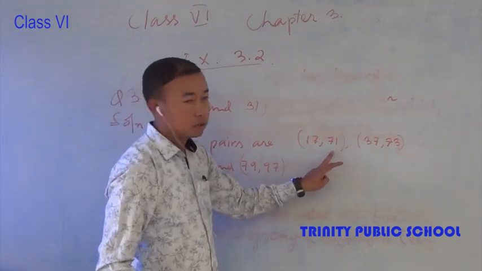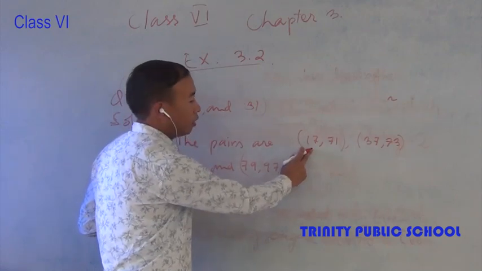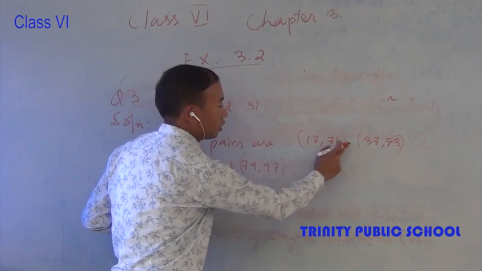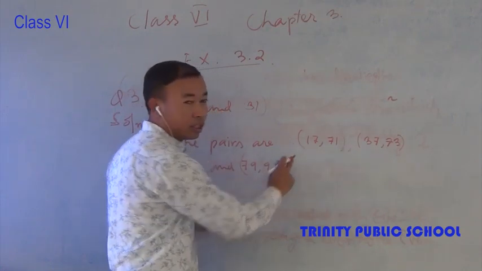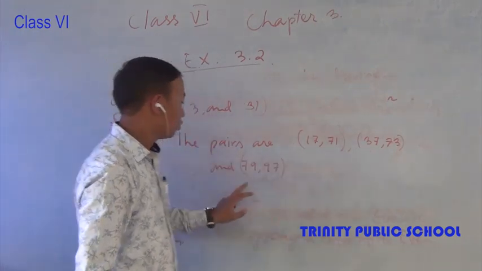This pair, 17 and 71. 17 is a prime number. 71 is also a prime number. The number is just the interchange of the digits.